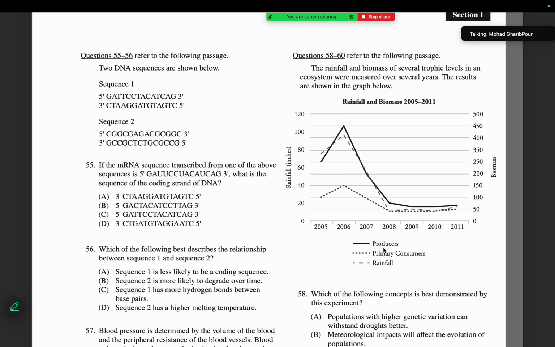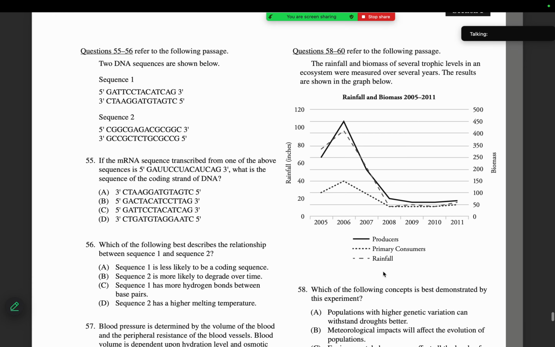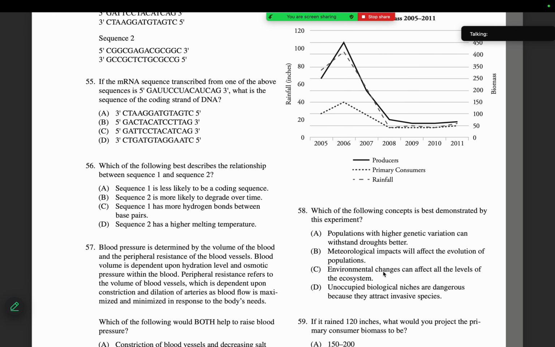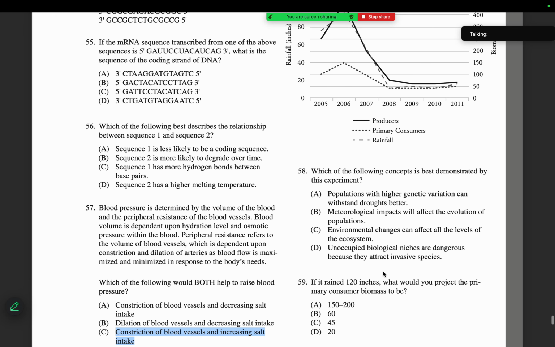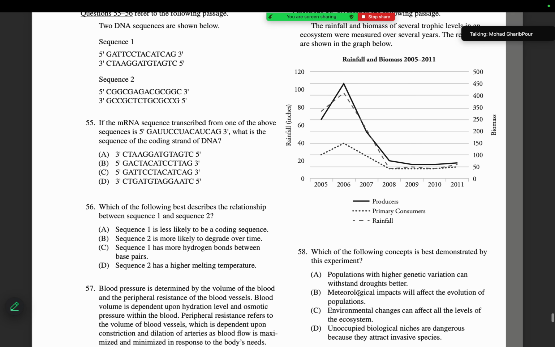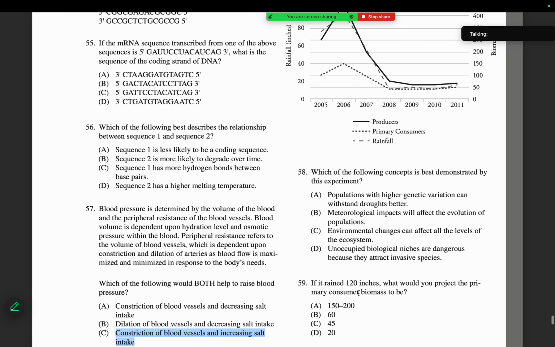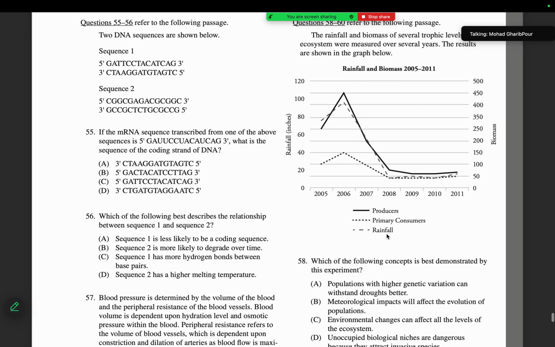Rainfall, biomass, producers, primary. You project the primary consumer biomass to be. So clearly, we have the rainfall graph right here.